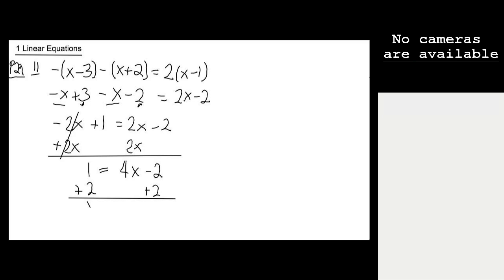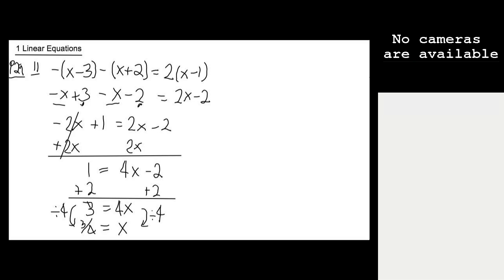So therefore, I divide both sides by 4. And when I divide this side by 4, 4x divided by 4 will give me 1x, or just written as x. And that will give me 3 divided by 4. So my answer here will be 3 divided by 4. x is equal to 3 over 4.